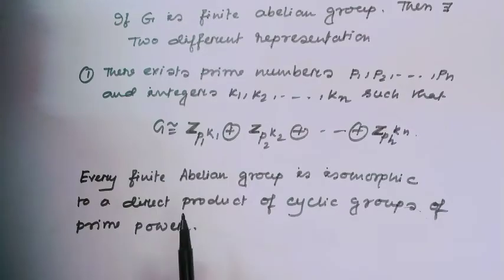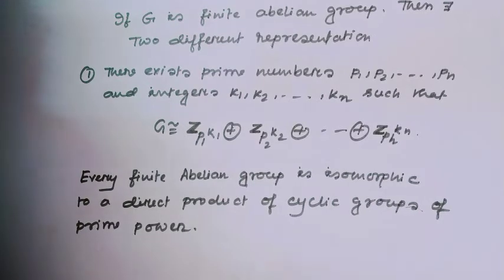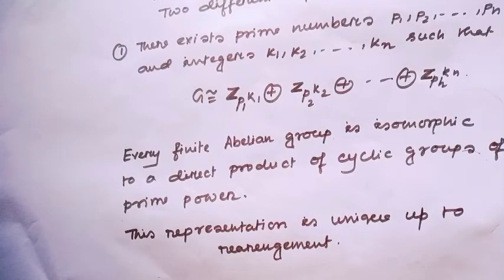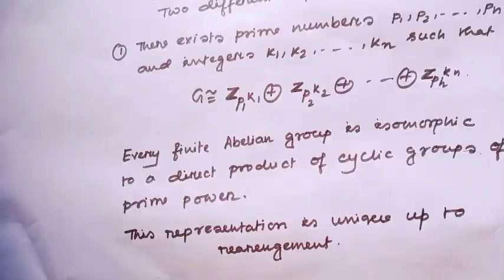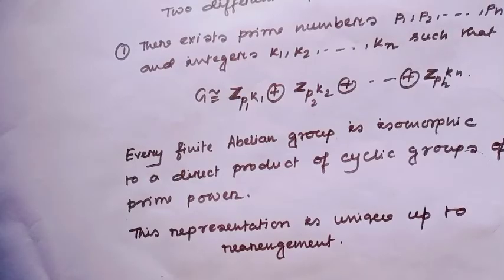That means every finite abelian group is isomorphic to a direct product of cyclic groups of prime power order. Are you getting the statement of the theorem? And this representation is unique up to rearrangement. Actually, this theorem tells us every finite abelian group can be decomposed as a direct product of its subgroups, where those subgroups have orders that are powers of primes.